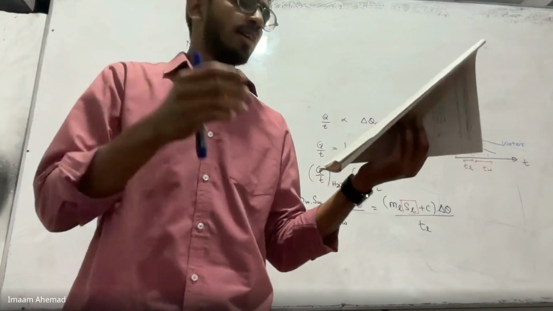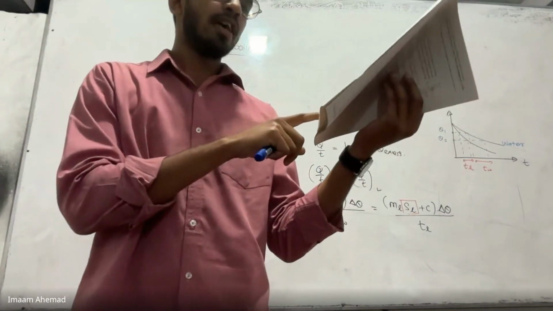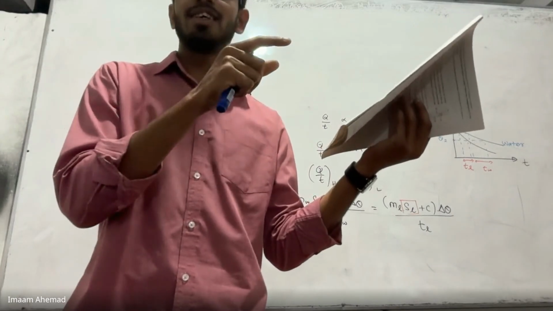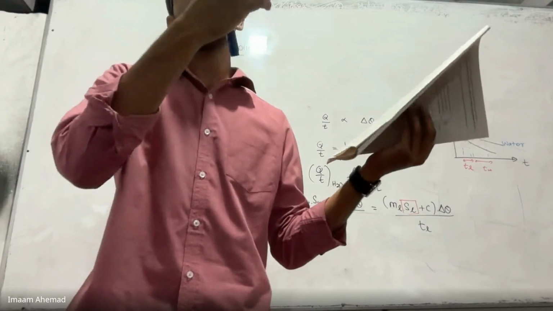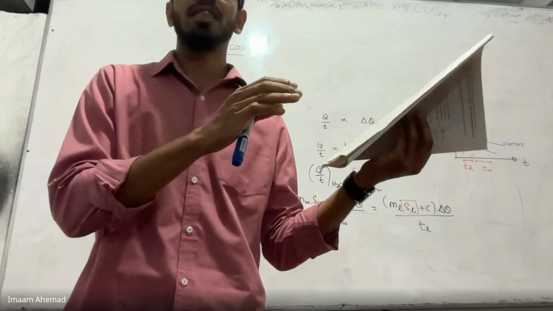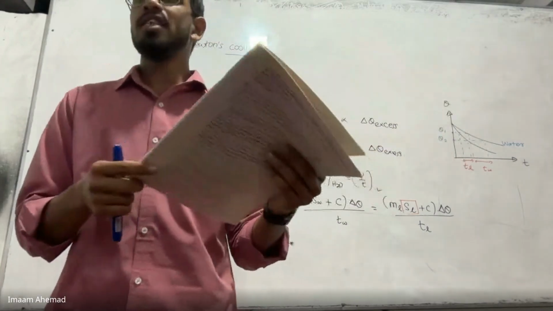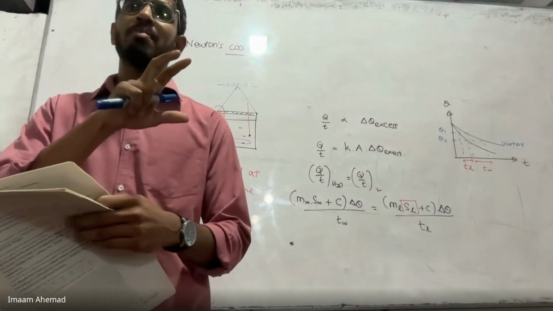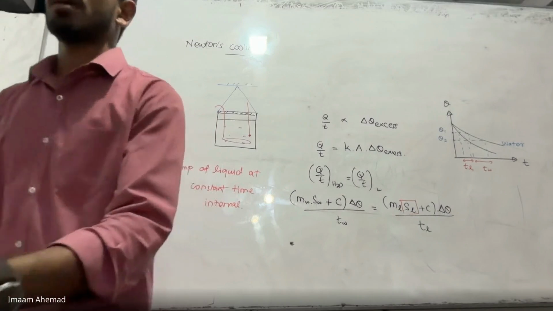What is that? In the answers, they have mentioned vaporization of water, within brackets, not evaporation. Now, what is the difference between evaporation and vaporization? What is evaporation? What is vaporization?